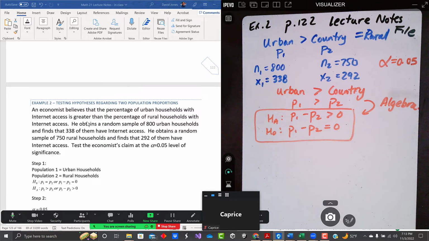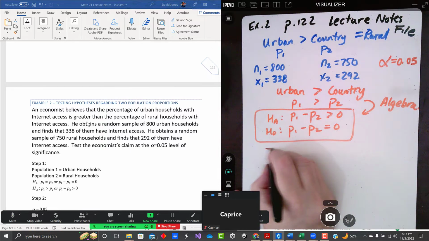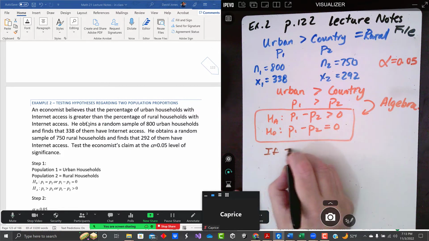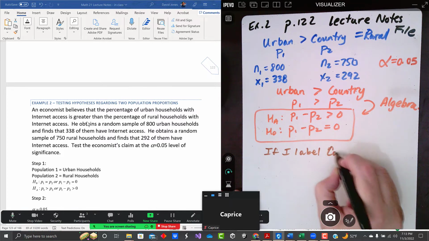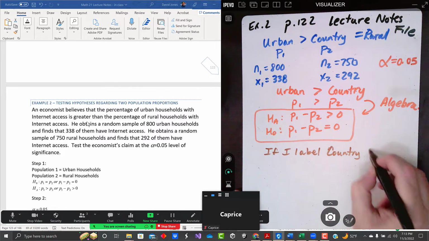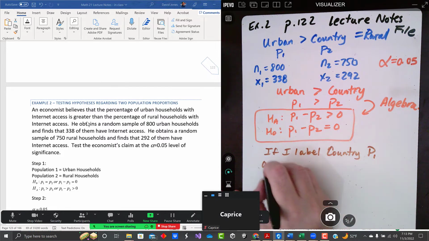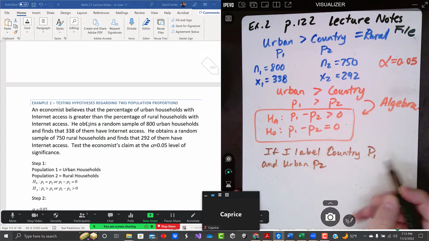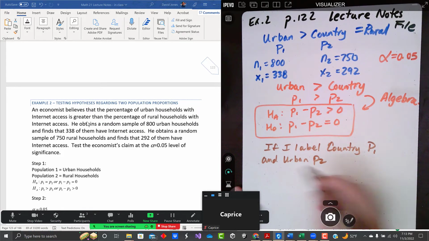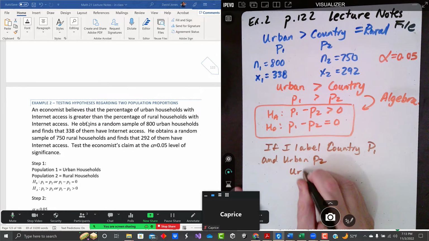Before I continue, I want to show you what happens if you label them the other way. If I label country P1 and urban P2, I still need urban to be greater than country.